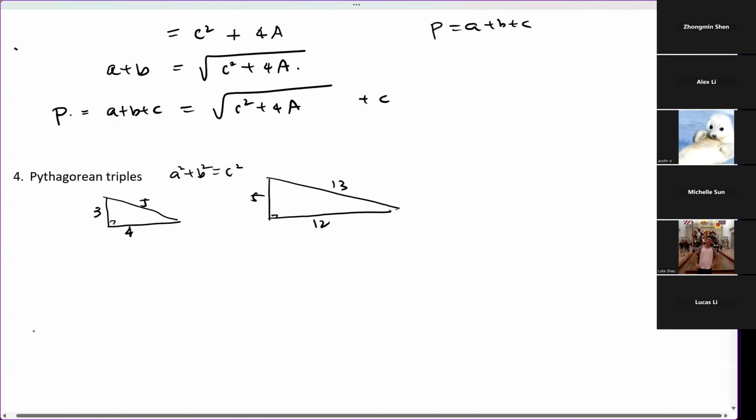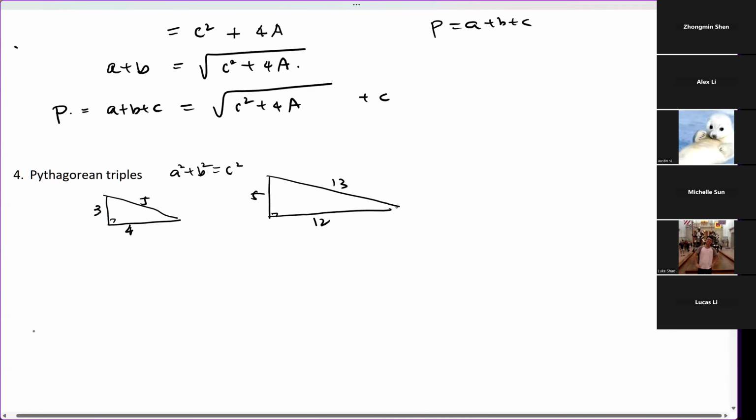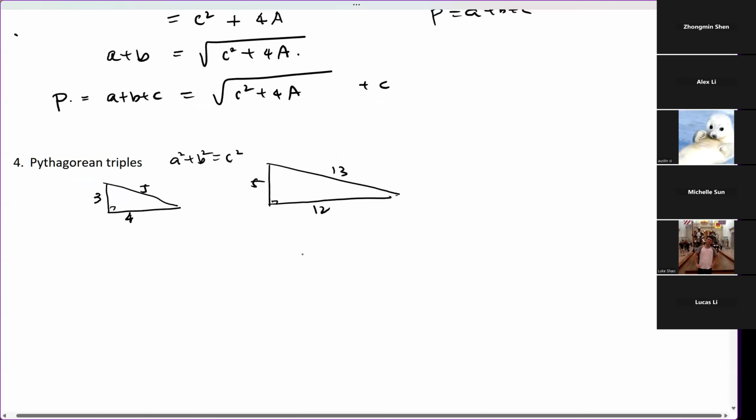You learn that from the textbook. And the question is, can you find more, and how to find them?